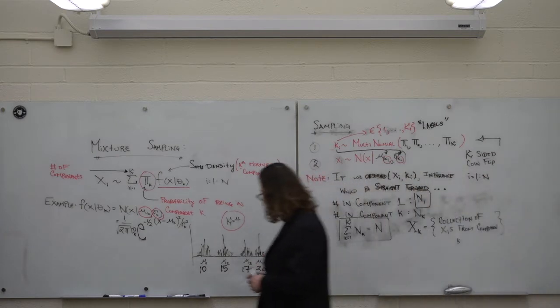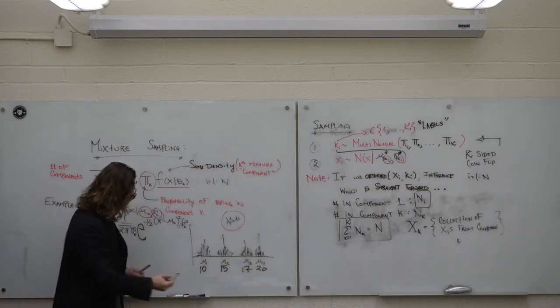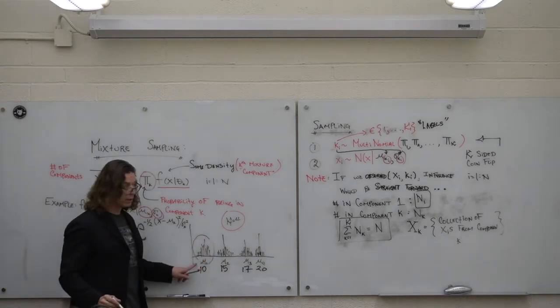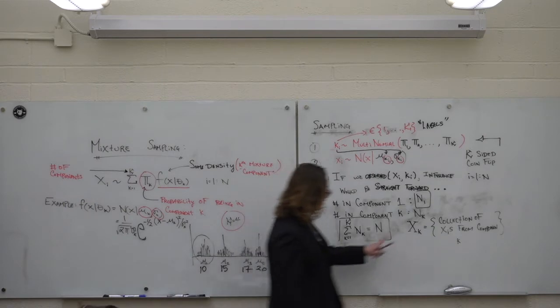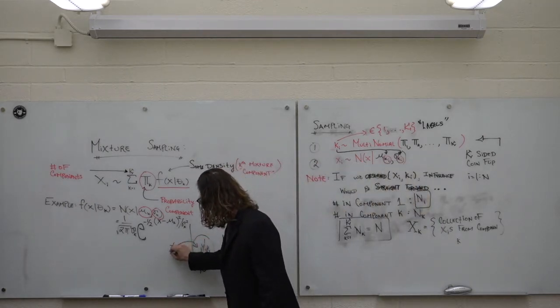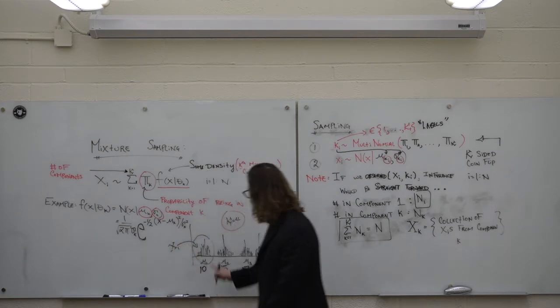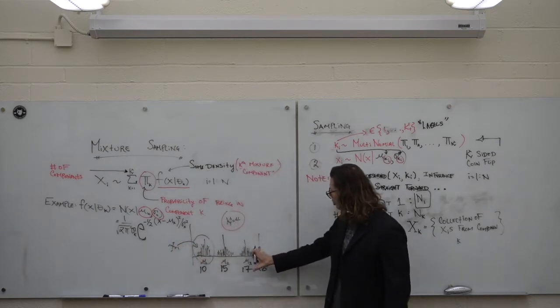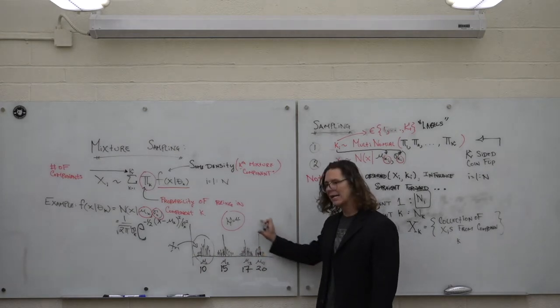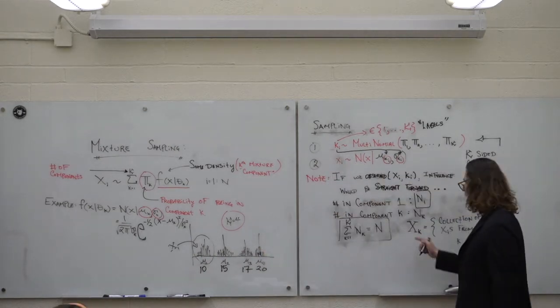So in my picture, maybe all of these data points right here were collected from component 1. And so cap X1 would be all of those points. If these were the only points coming from component 4 right here, then I'd be calling that cap X4.